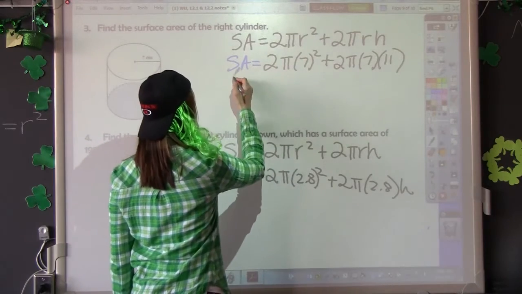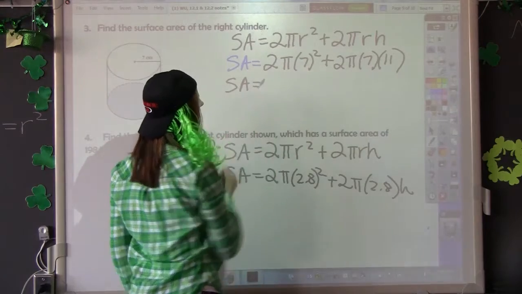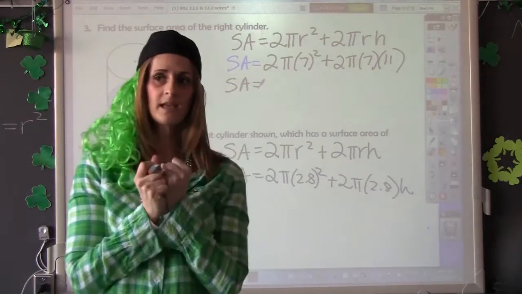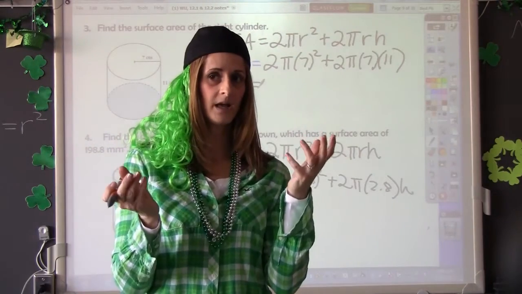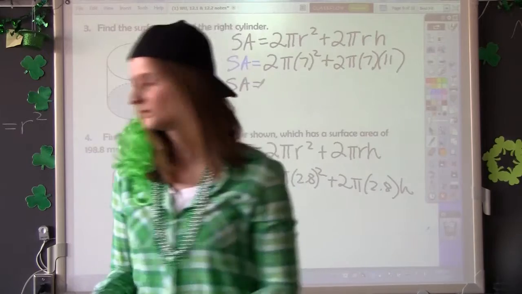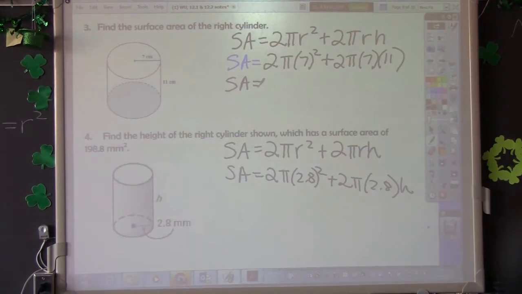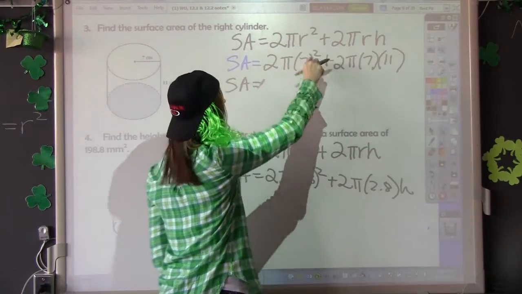Alright, so what I would do is write this in terms of pi first, because some of your SOL answers will be in terms of pi. It'll say like 22 pi, 27 pi, okay? I write this first as 7 times 7, 7 squared, times 2.